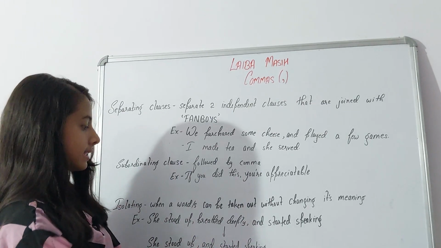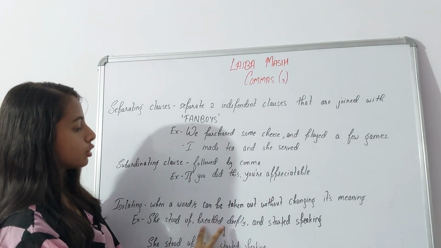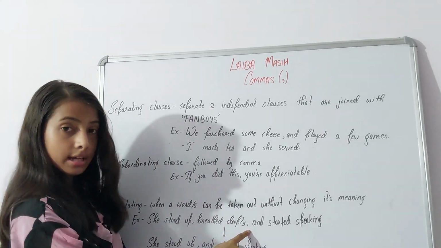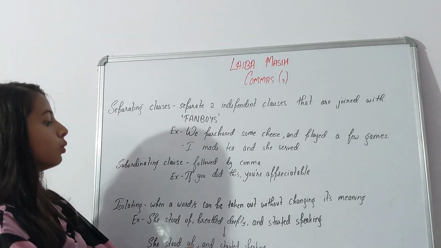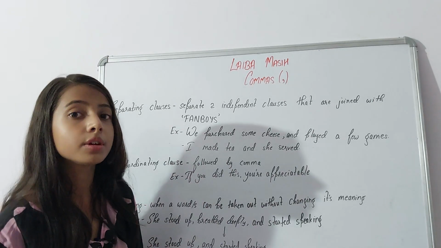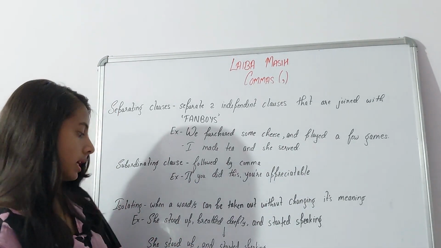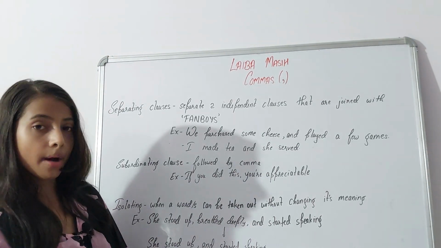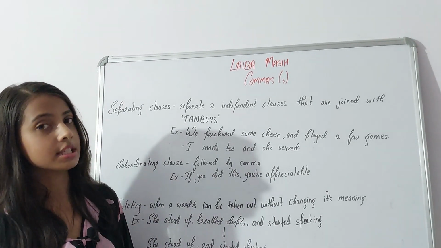So this is the sentence. You can see that these two words, breathed deeply, are between commas over here and here. So we can remove them because even after we remove these two words, the sentence's meaning will remain the same. That is, she stood up, comma, and started speaking.